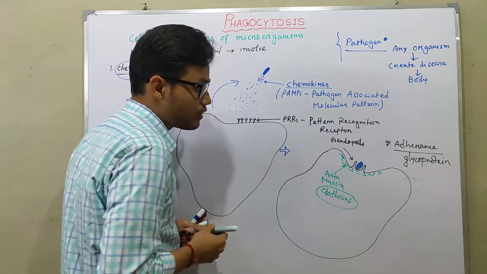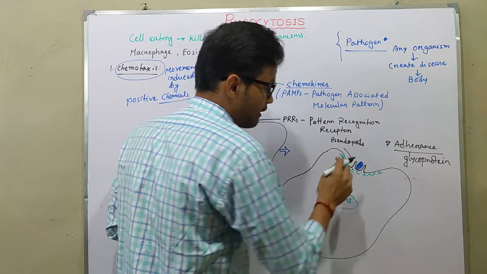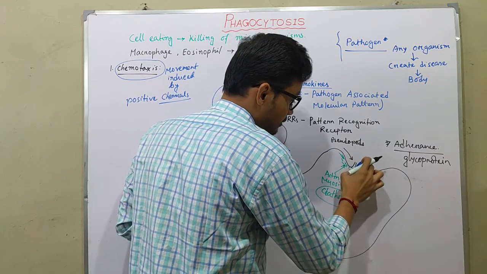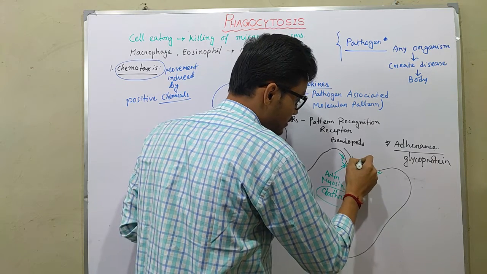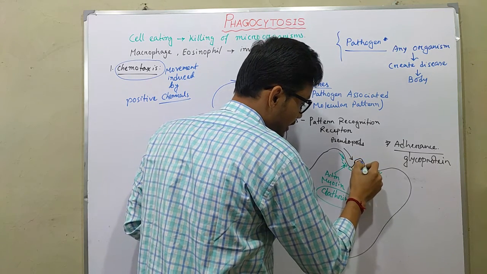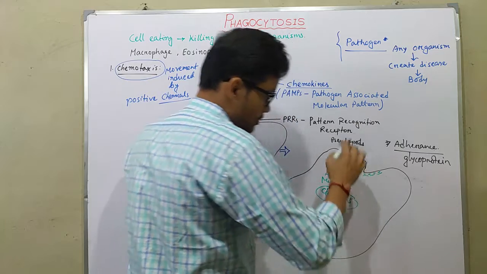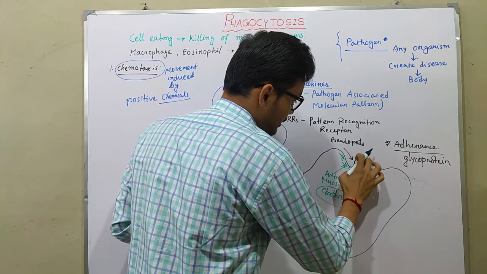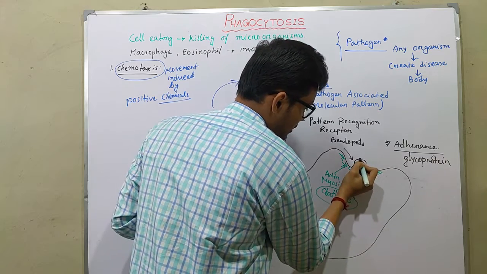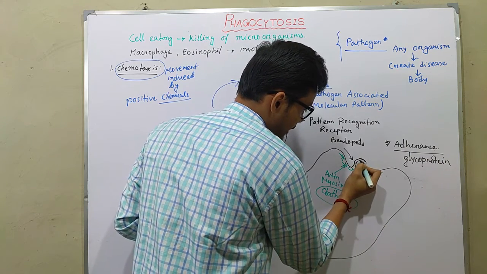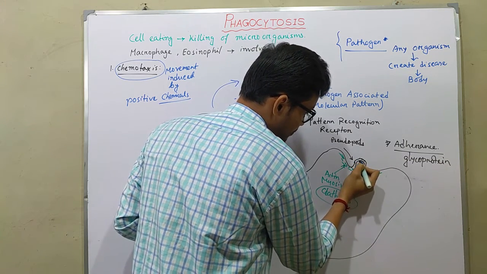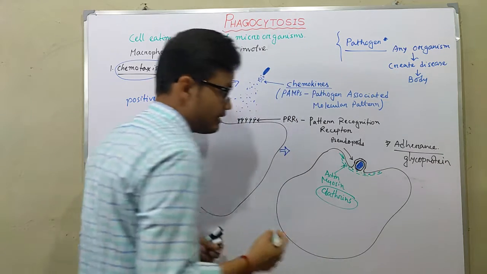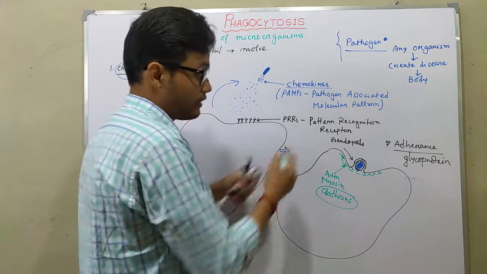Those pseudopods are now elongating and moving towards each other, and ultimately they attach with each other and create a vesicle, which makes the pathogen reside inside that particular vesicle.